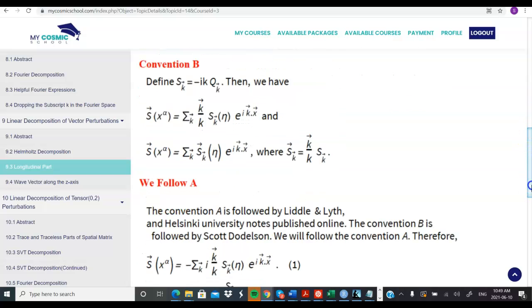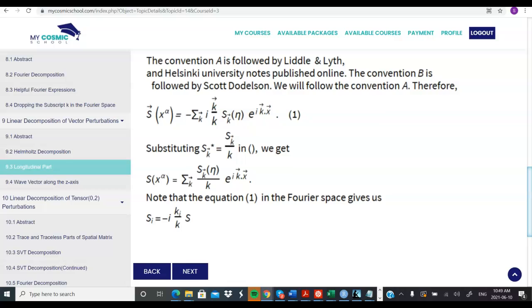So we will follow a convention. When we follow a convention, we get this. Convention A is followed by Liddle and Lyth and the notes published by Helsinki University, and convention B is followed by Scott Dodelson.